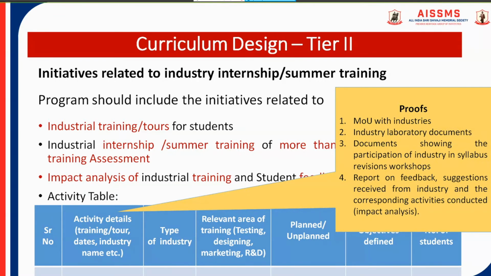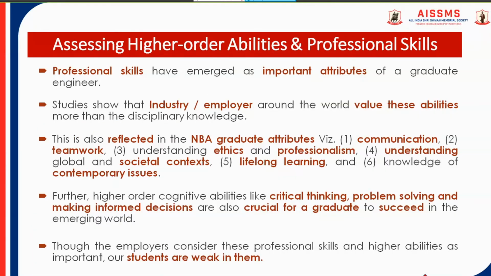Then second, studies have shown that industry employers around the world value these abilities more than the disciplinary knowledge. So we have observed that any industry which is going to recruit a particular student will finally be interested in knowing what skill the student has with him.